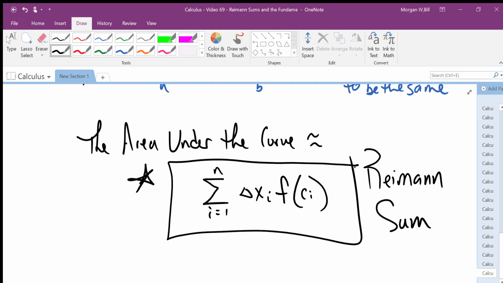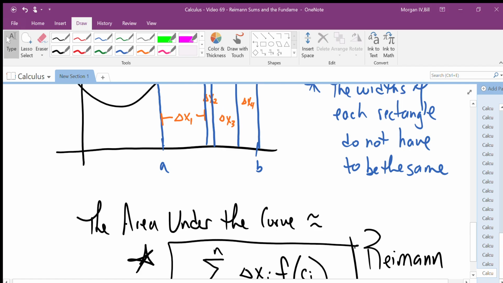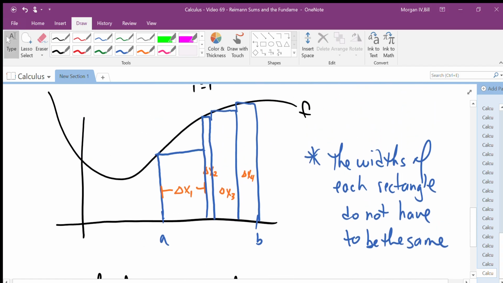The next big leap goes from an approximation of the area under the curve to an exact area under the curve. The only thing we really have to do, and we'll do this in two steps, but the first main thing is, instead of having 4 rectangles, have 8, a better approximation. Instead of 8, have 16. Instead of 16, have 64. Have 6,400 rectangles.